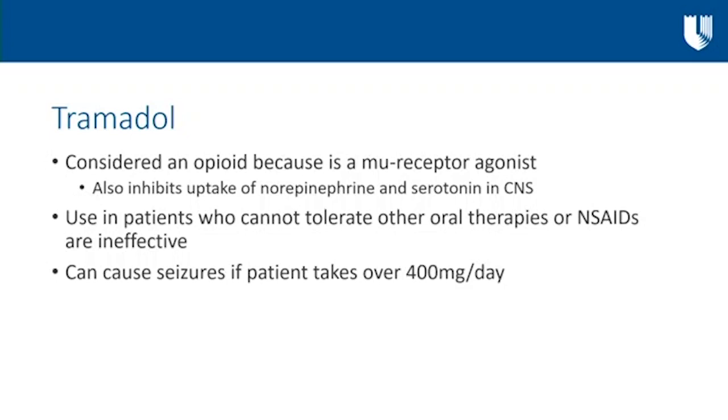You can use this also in patients that maybe can't tolerate other therapies, or they've tried NSAIDs and they're ineffective, or maybe NSAIDs work, but they're still not quite where they need to be. And this can be done on top of that, or PRN on top of scheduled NSAIDs for a short period of time. What we have to be careful of is patients that have a seizure disorder history.